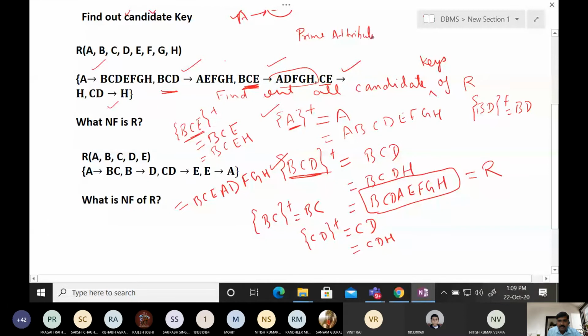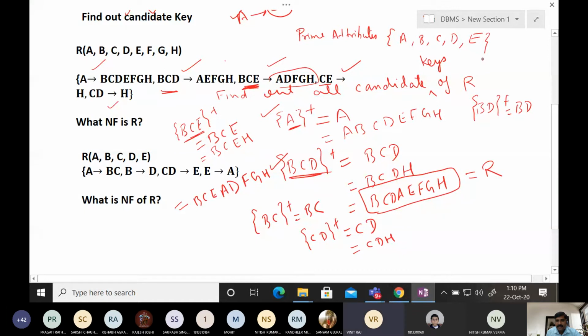Prime attributes are A, then B, C, D, and B is already in the set, C is already in the set, E. Then what about non-key attributes?